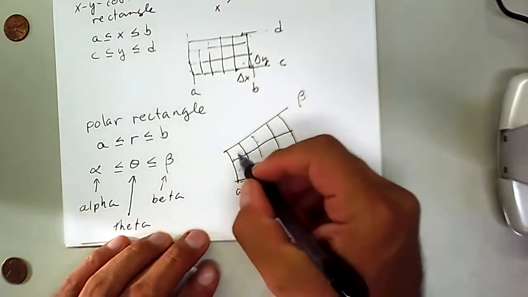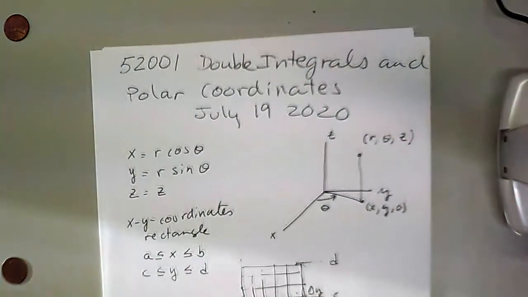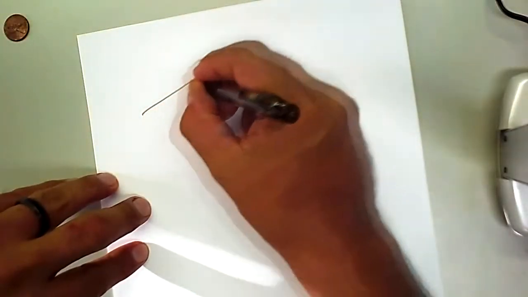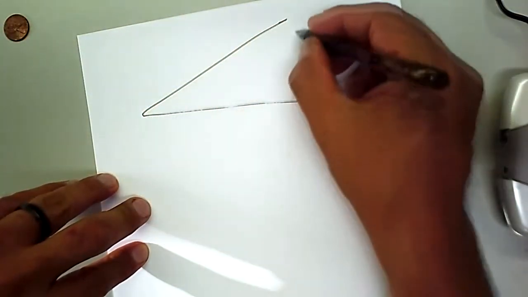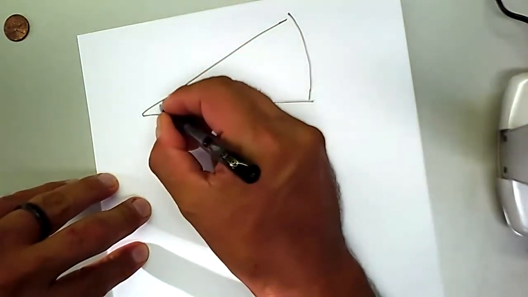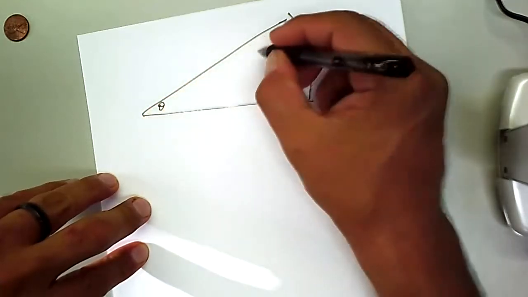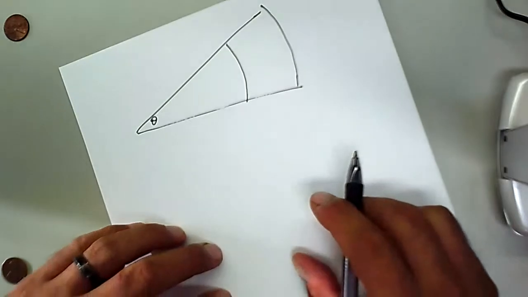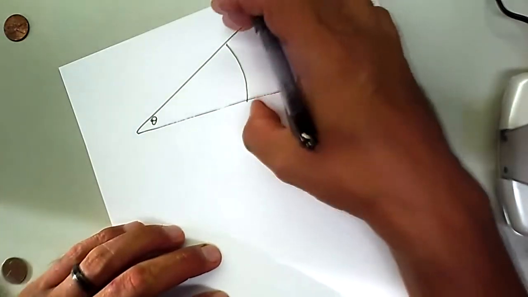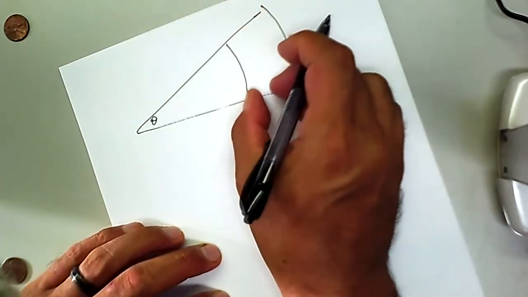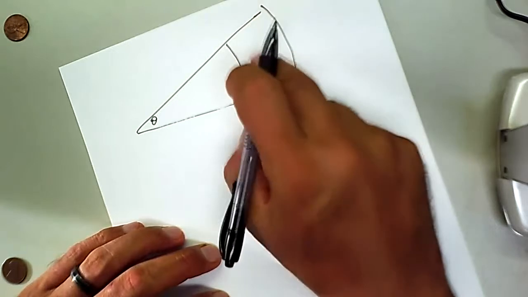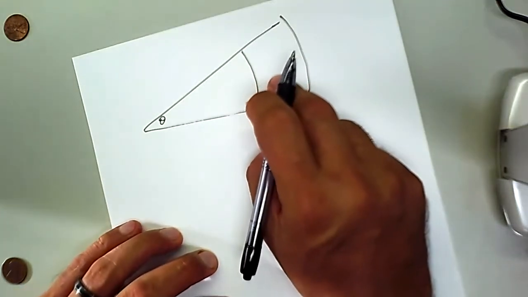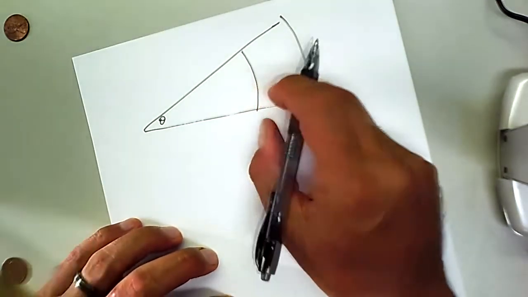Let me draw a new picture because there are things I want to refer to that are not in the picture. So there's the center. The angle is down here by the center of this picture. If this angle is small and this distance gets small, then this polar rectangle looks more and more like a regular rectangle.